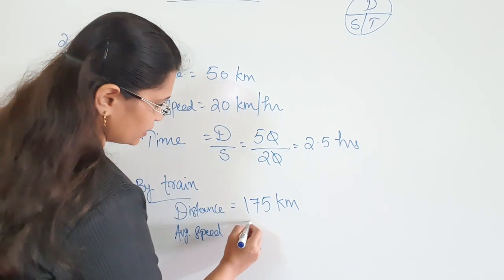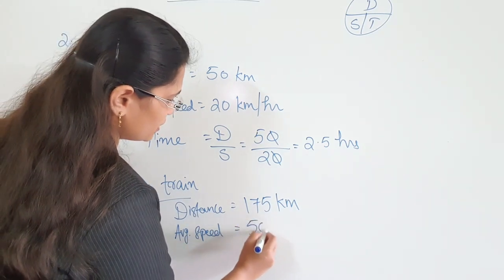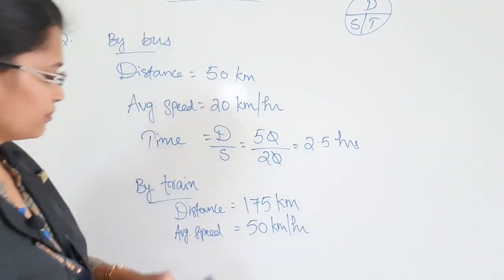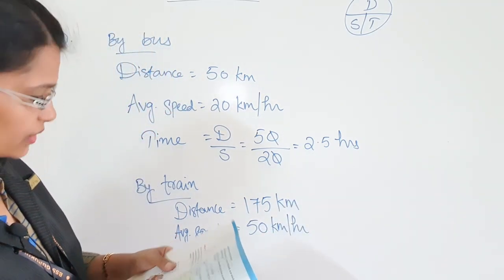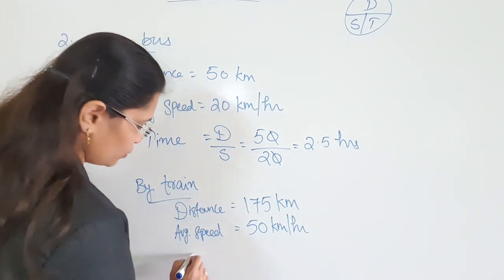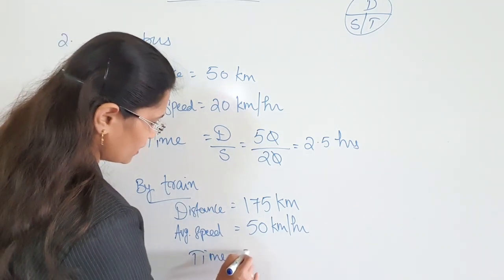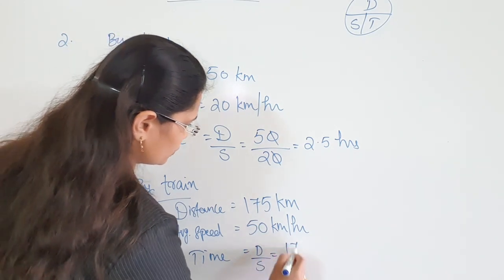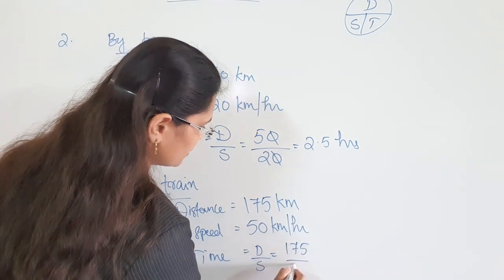Average speed is equal to 50 kilometer per hour. So time is equal to D by S is equal to 175 divided by 50.